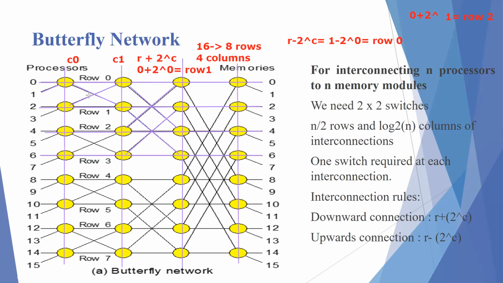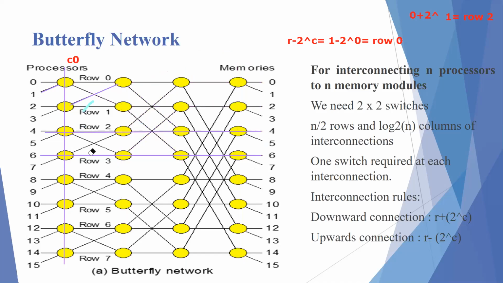realize that with every 2x2 switch we have 2 inputs and 2 outputs. This way we have connected 16 processors to 16 memory modules. If you try and locate, you will find that every processor is connected to every memory module. So you will not have any memory module or processor which is isolated in this network. Okay?